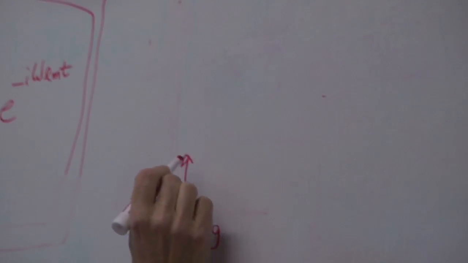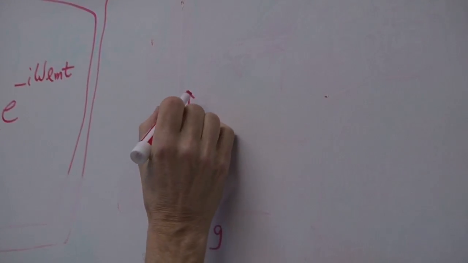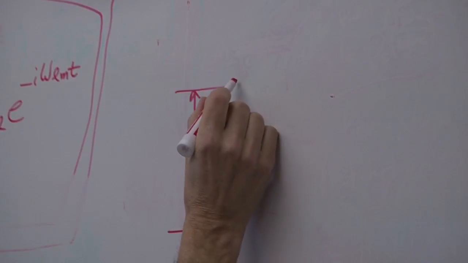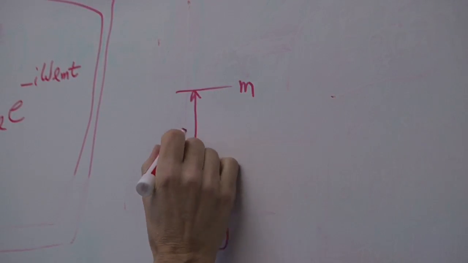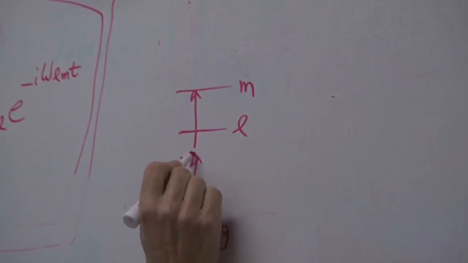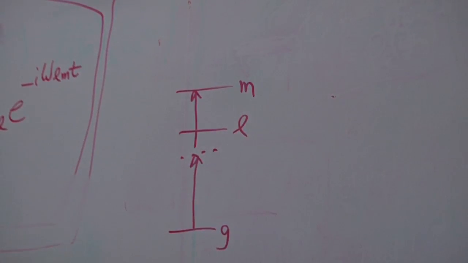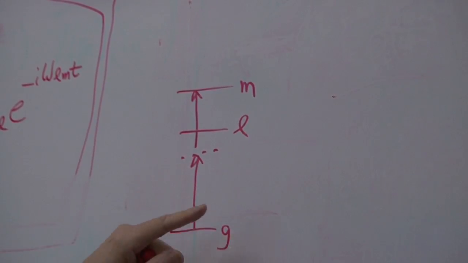You're in G. You want to make a transition to level M, and there's some level L that is non-resonantly excited. So to first order, you go from G to L. Then from second order, you go from L to M. So that's the calculation that we will be doing right now.